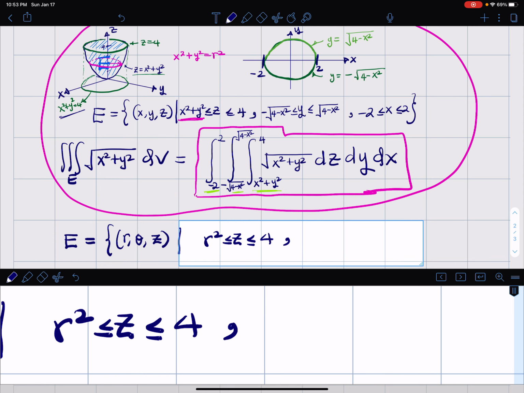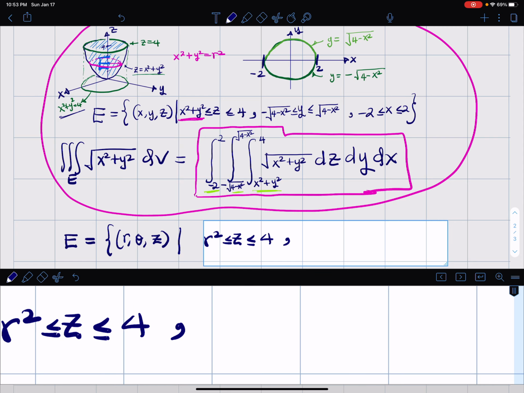And then r goes from 0 to what? Let's look at r. What does r go to? Nobody's here? All right.